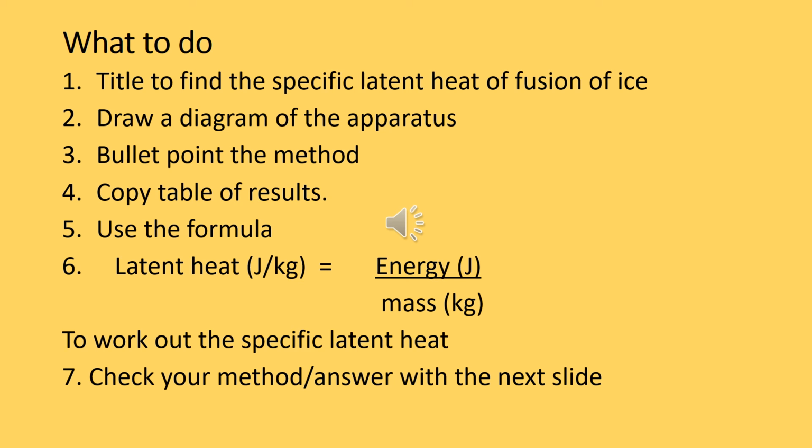Copy the table of results and then use the formula latent heat equals the energy divided by the mass. And don't forget, the mass has to be in kilograms, even though we've got it in grams. You can then work out the specific latent heat of fusion of ice and then check your answer with what I got on the next slide.